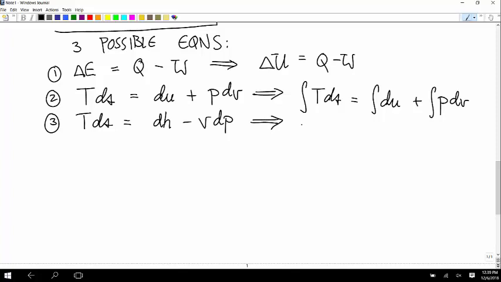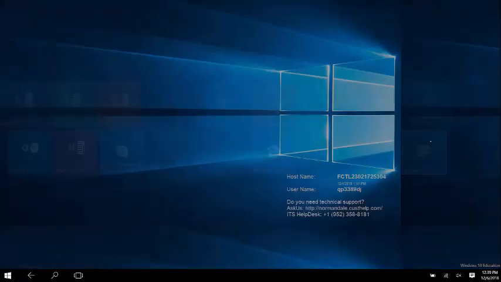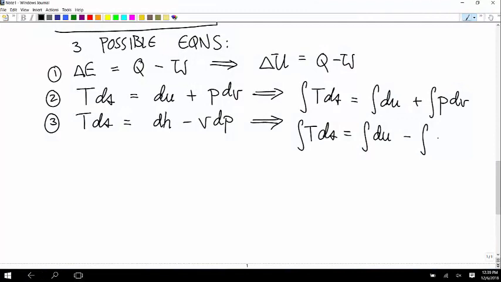And the second one says the integral of TDS is equal to the integral of du minus the integral of v dp.